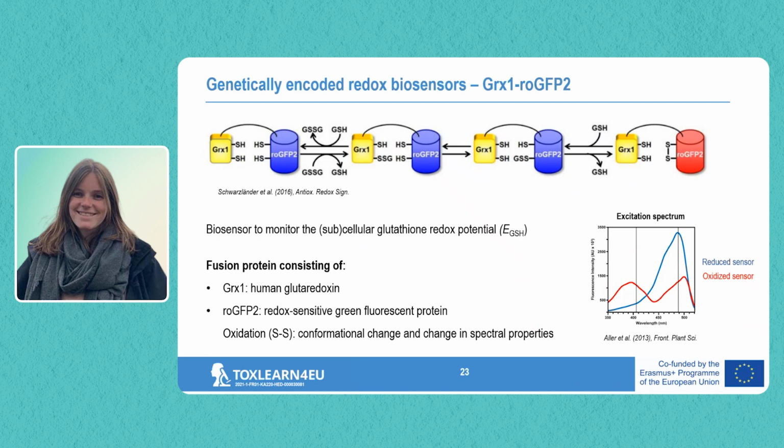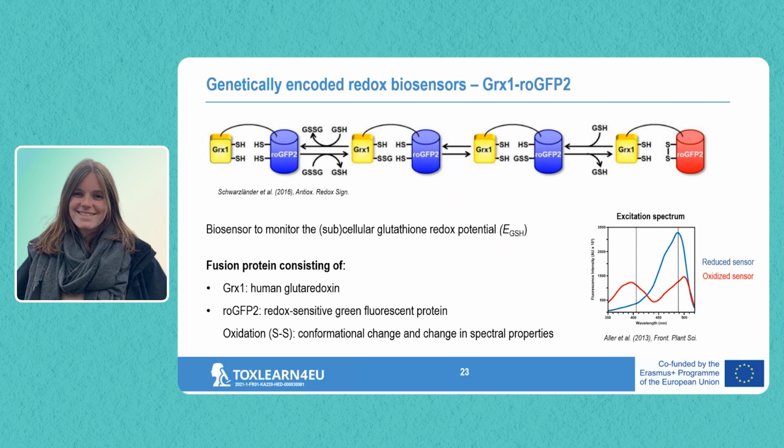So what we have here is the glutaredoxin 1. And when GSSG, so the oxidized glutathione, is present, it will get coupled here to one of the thiol groups of the GRX1. Then this is transferred to the fluorescent protein, which is our RoGFP2.